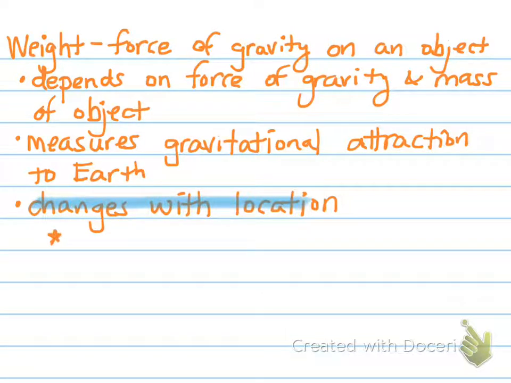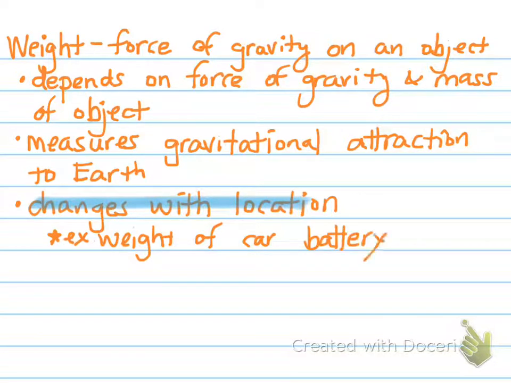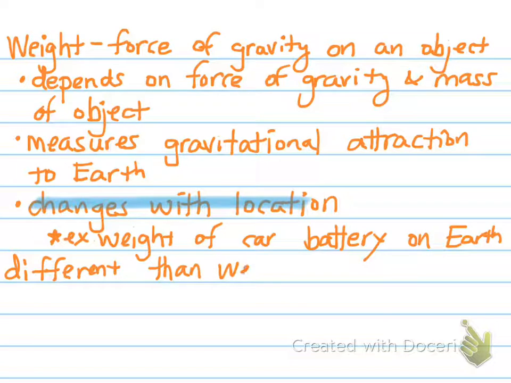For example, the weight of a car battery, because we talked about a battery just a little bit ago, on Earth is different than the weight of the car battery on the moon.